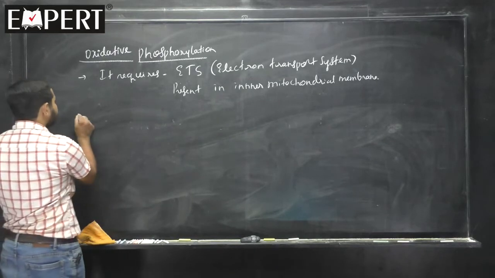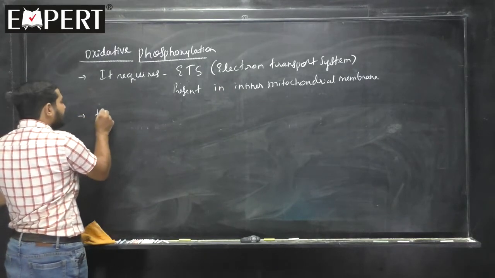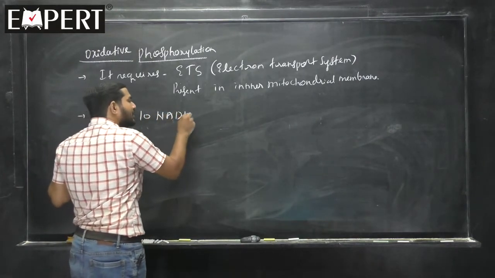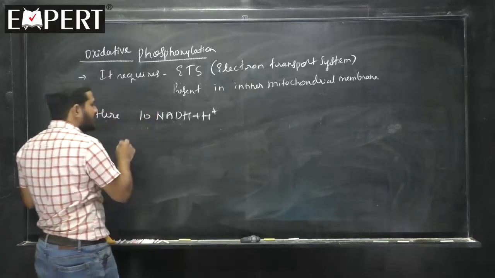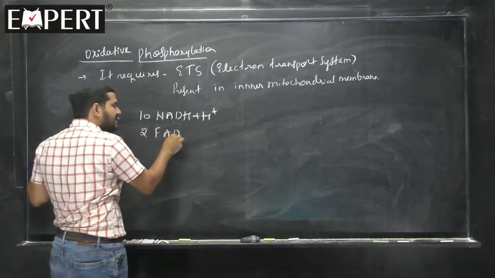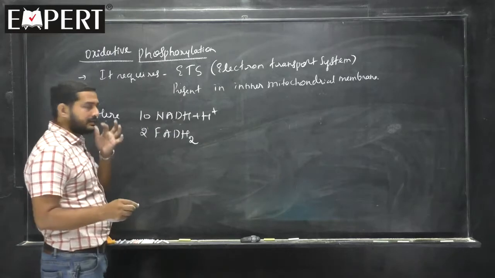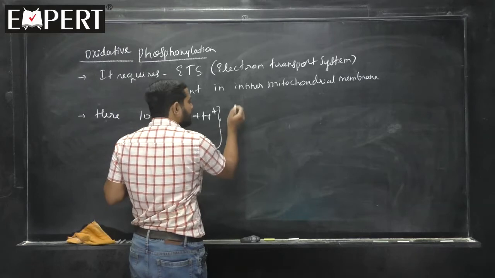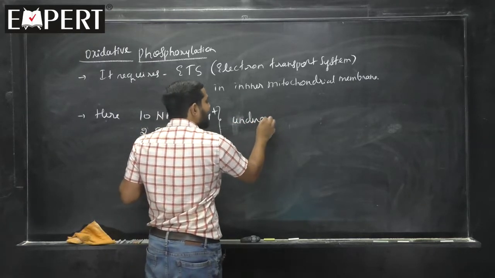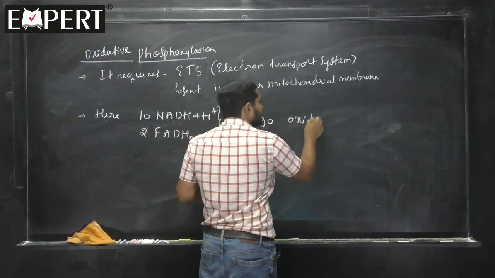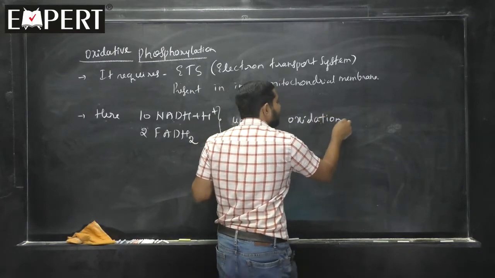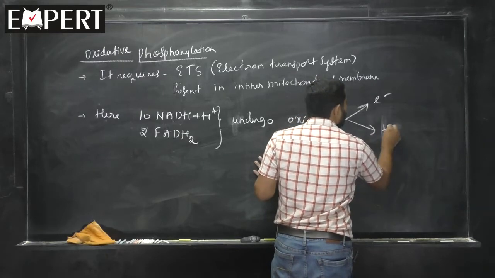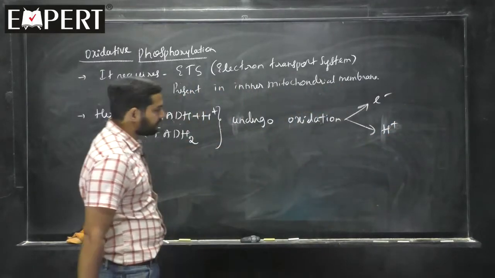Second point, here 10 NADH plus H plus and 2 FADH2, these were formed, undergo oxidation, during which electrons and protons are ejected out.